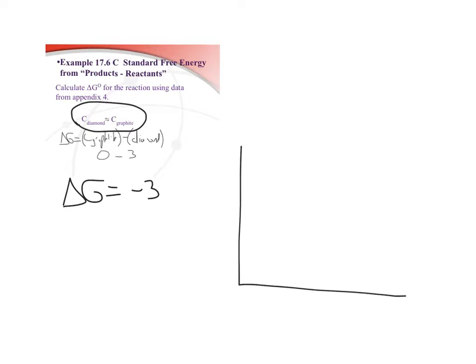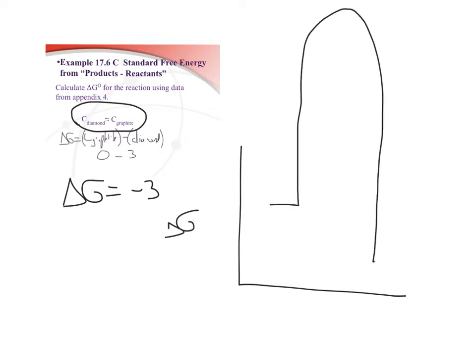So if we had a delta G plot, so even though this is a favorable state, this activation energy is so high that it will not happen. There's no path for it to get over to the favorable products state. So the kinetics prevent this from happening, even though it is thermodynamically favorable.